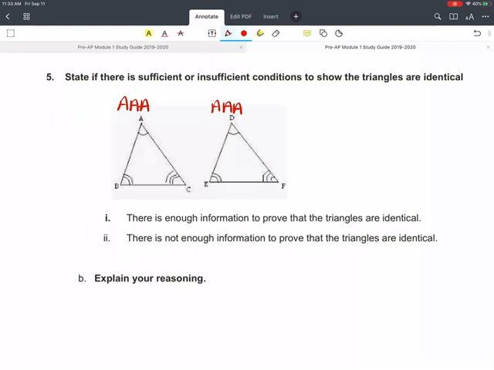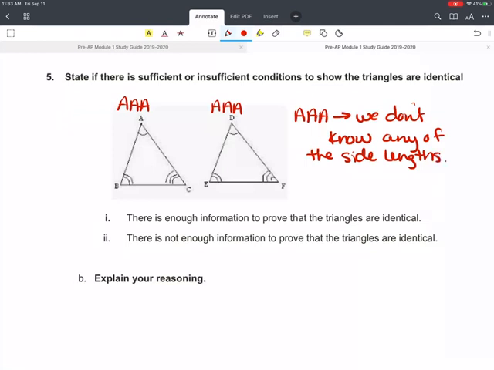Now, on this one, they do have the same kind of triangle, and they have the same notations, but there's something important missing with this kind of triangle. With angle, angle, angle, it's not going to be identical because we don't know any of the side lengths.